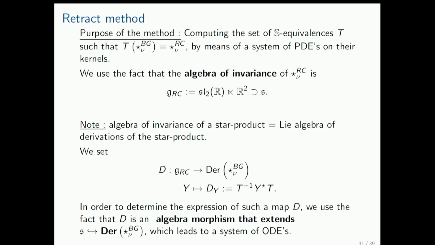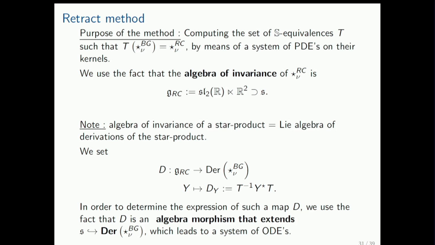Instead of focusing on T itself, the equivalence, you can define a map D, at the bottom of the slide, giving rise to an algebra morphism between the algebra of invariance you want and the algebra of derivations of the star product. You have to pay attention to the sense of the map. But the idea is to use this algebra morphism to enforce the invariance you want.